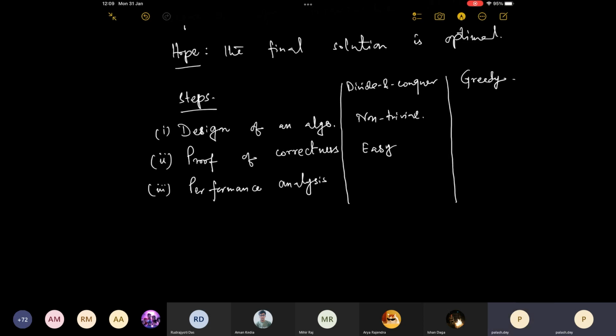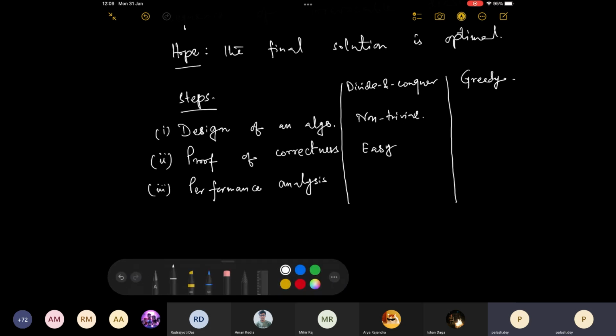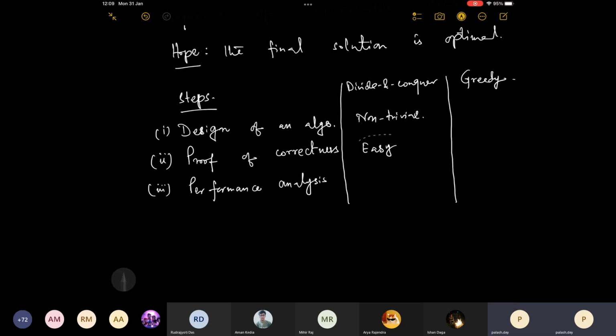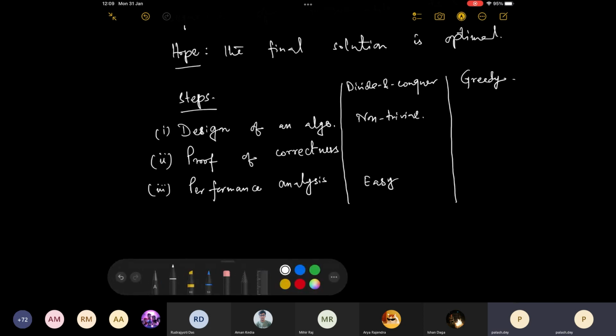For divide and conquer, performance analysis is easy because typically it boils down to solving a recurrence relation, and you all know how to solve a recurrence relation. And proof of correctness: for example, what is the proof of correctness of merge sort or Strassen's algorithm? It's trivial by design.